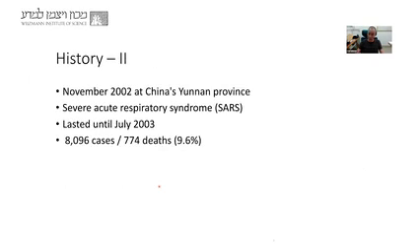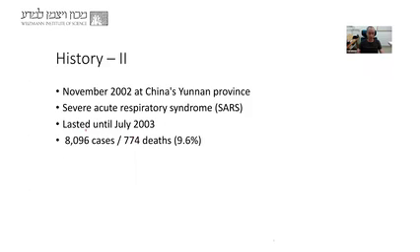Now, in 2002, a new coronavirus emerged in China, and the name of this virus was severe acute respiratory syndrome virus, or SARS. It emerged in November, but it lasted only until July, the middle of the summer, and this will become important. I will mention that toward the end of my talk. So this was quite a lethal virus.